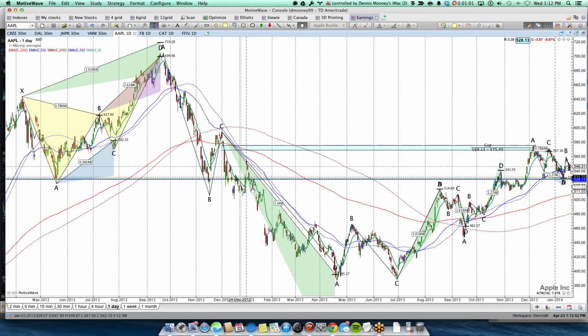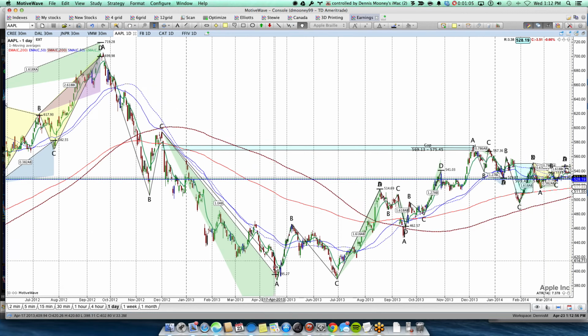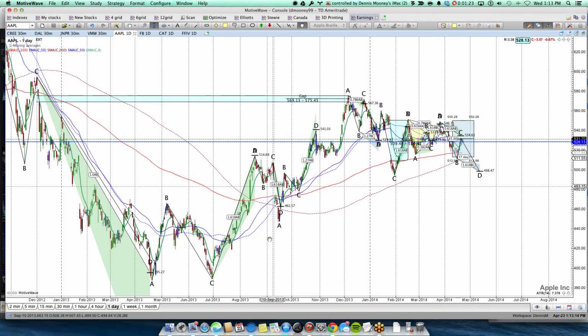AB equals CD. That was followed by an A, B, C, and it wasn't an A, B, C, D, it was an alternate A, B, C, D, where the CD is 1.61 ratio of AB. So that's a valid harmonic pattern.